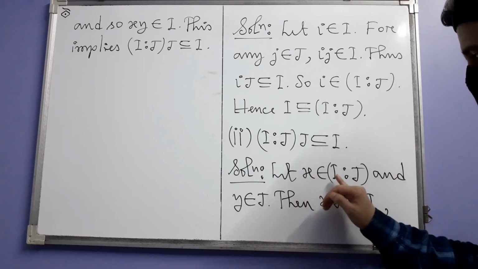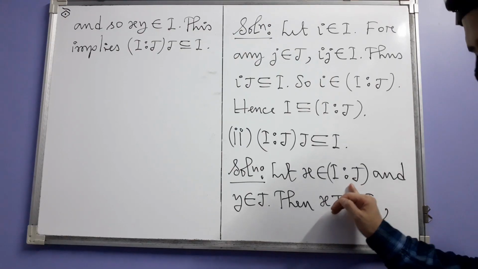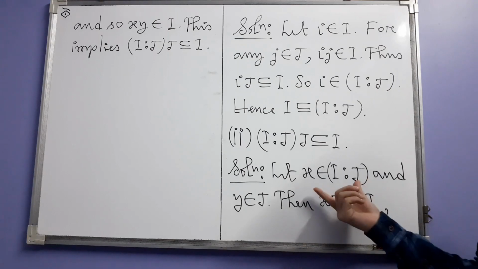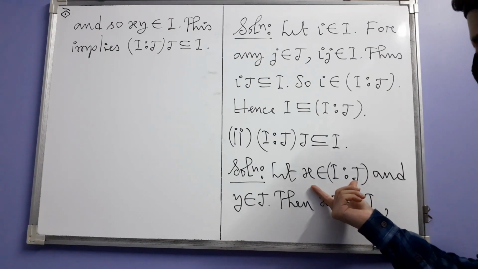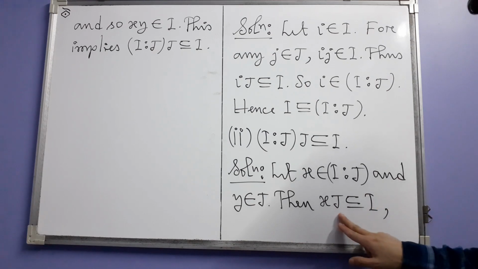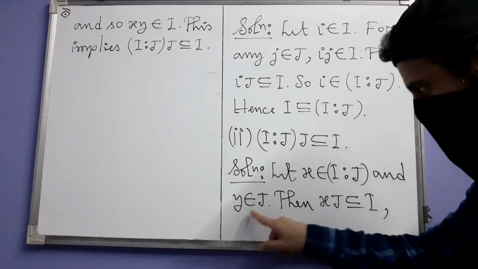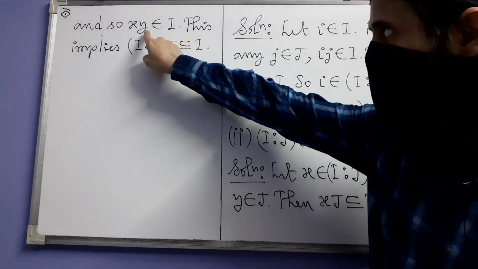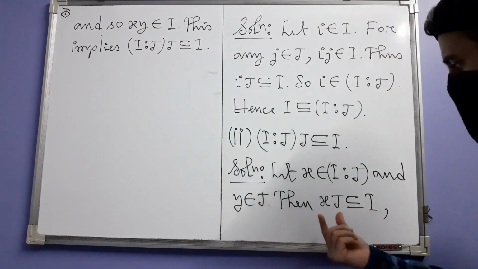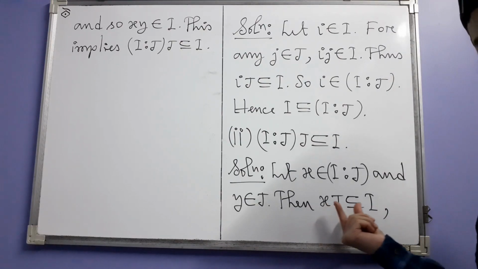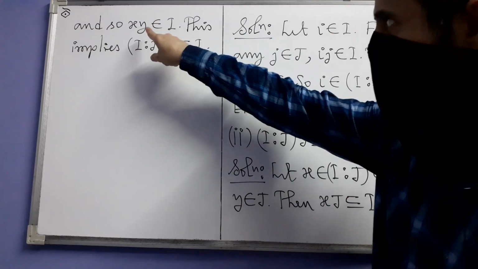Now this being in I colon j itself means that xj is contained in I by the definition of this. And that is why, because xj is contained in I and y is an element of j, this product xy by its very form is an element in xj, and because of this containment it will now belong to I.